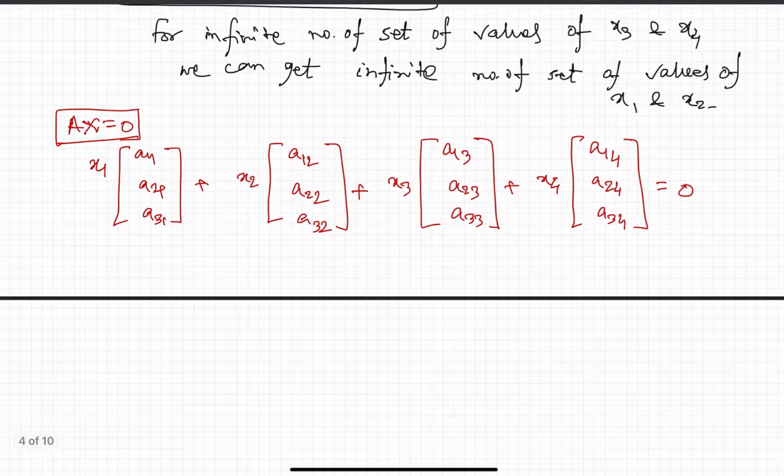Now if we put, say we are taking two sets of values for x3 and x4. x3 is equal to 0, x4 is equal to minus 2, and another set of values is x3 is equal to minus 2 and x4 is equal to 0. We can take infinite number of sets of values for x3 and x4.